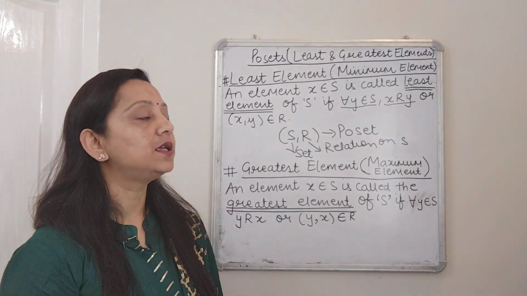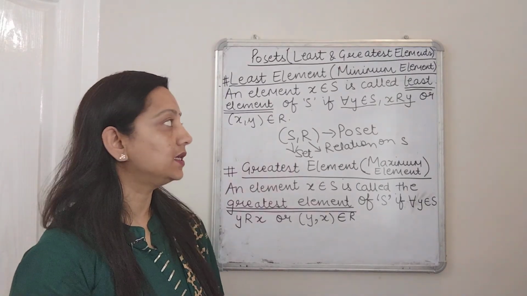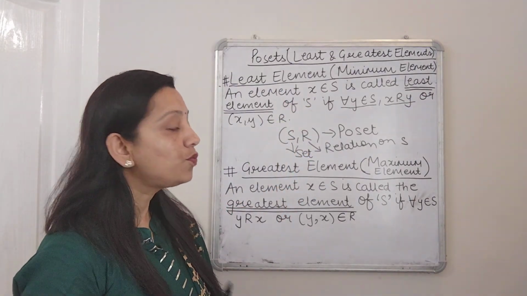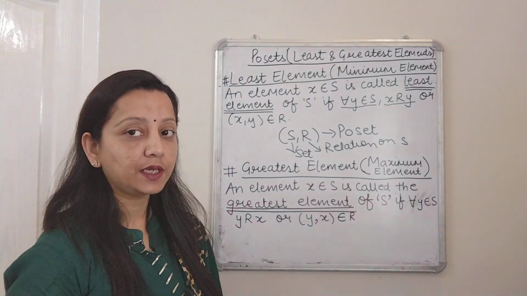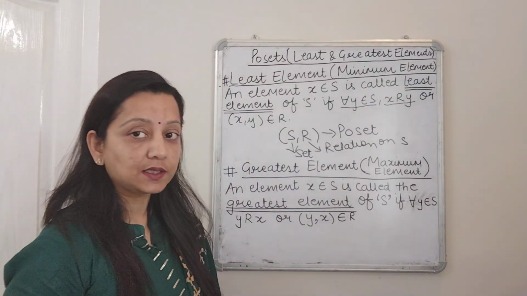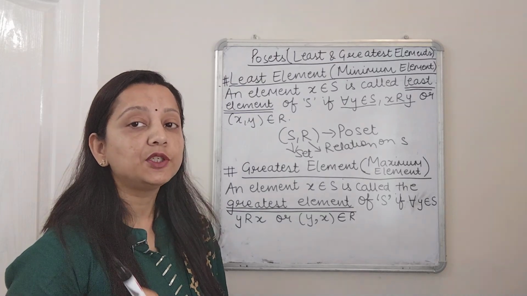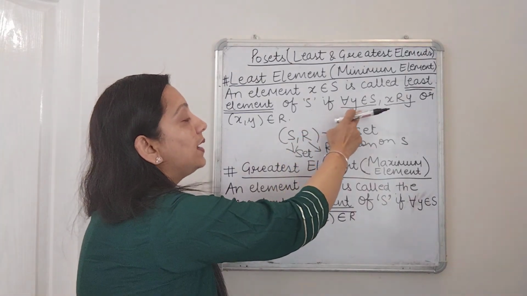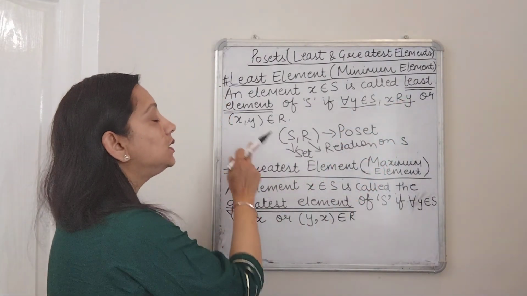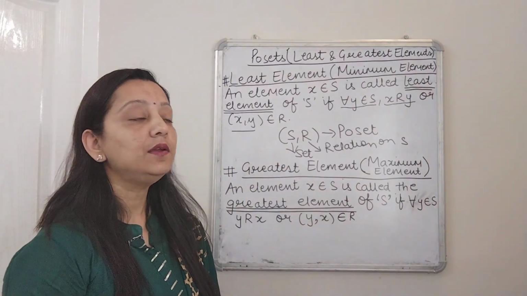Now let us understand this definition. An element X belongs to set S. That means any arbitrary element that belongs to set S would be called the least element of set S if and only if for all Y that belongs to set S, Y being another arbitrary element, X is related to Y, or in other words, the ordered pair (X, Y) exists in the relation.